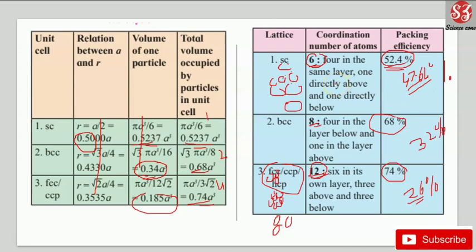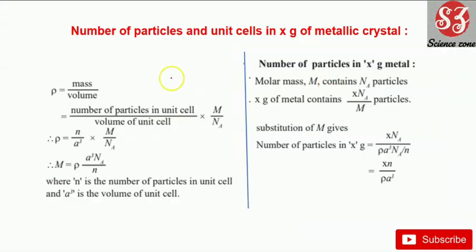Okay, so now if you want to calculate the number of particles and unit cells in x gram of a metallic crystal, suppose I give you 5 grams of iron and ask you how many particles and how many unit cells are present there, you can easily calculate it by this formula.